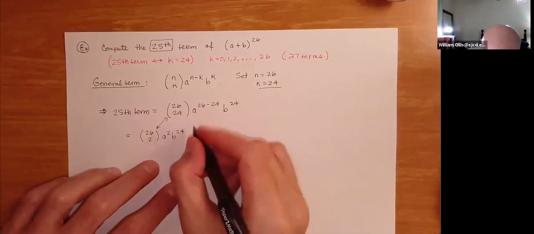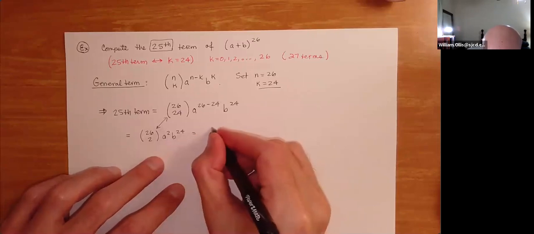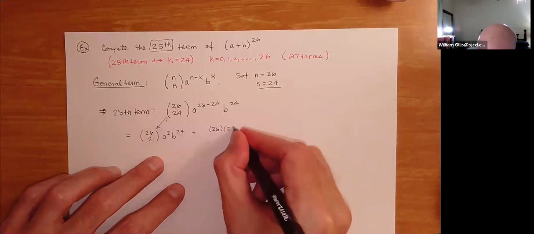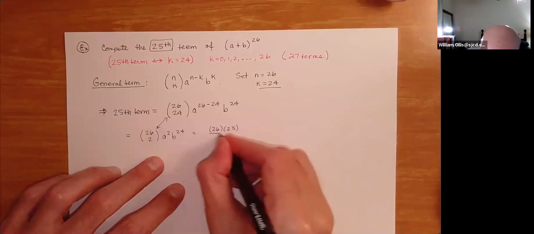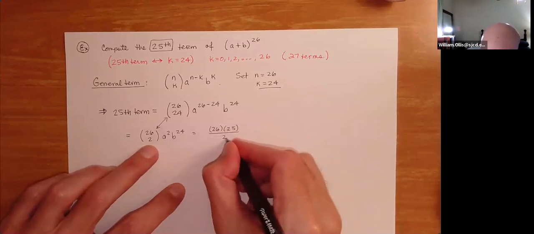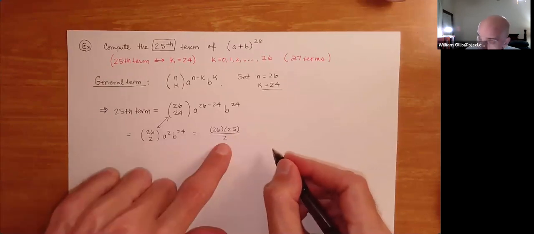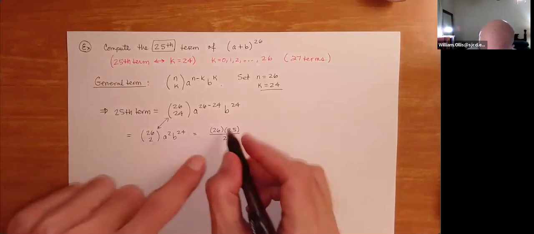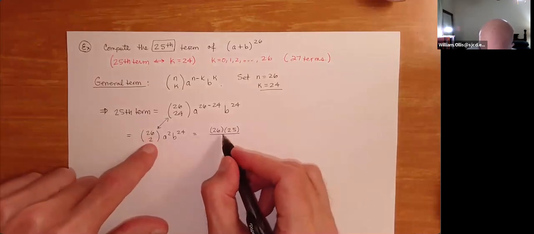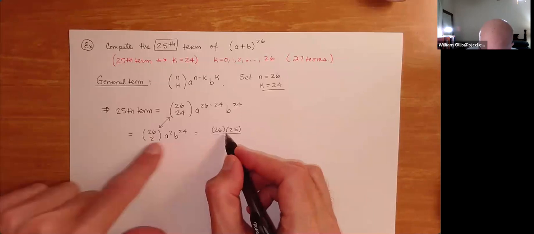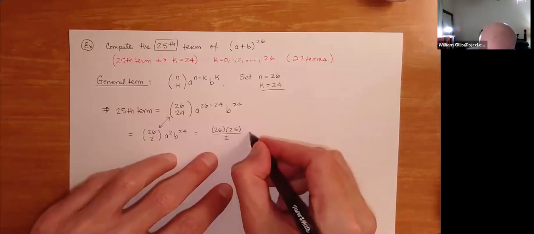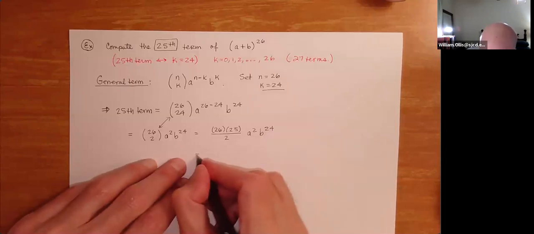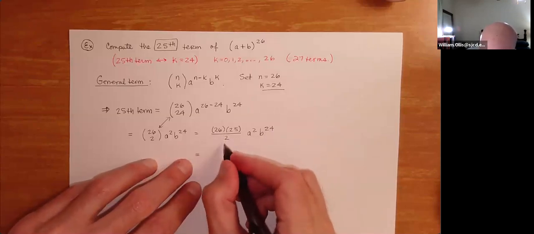So let's write it down. So this will be 26 times 25 divided by 2 factorial, which is 2 times 1 or 2. So boom, right there. So again, remember the binomial coefficient, 26 perm 2 factors starting with 26 divided by 2 factorial, a squared b to the 24th. So this, of course, that'll give us a 13.